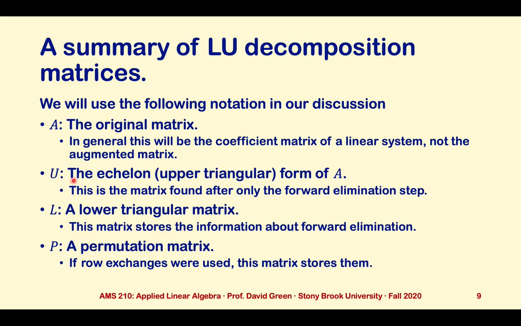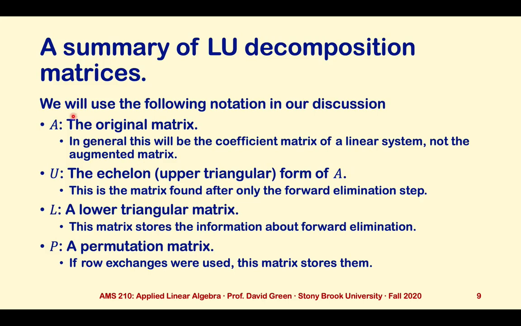U is going to be our representation of the echelon or upper triangular form of A, a notation we have already used, essentially the matrix that we found after performing only the forward elimination steps.